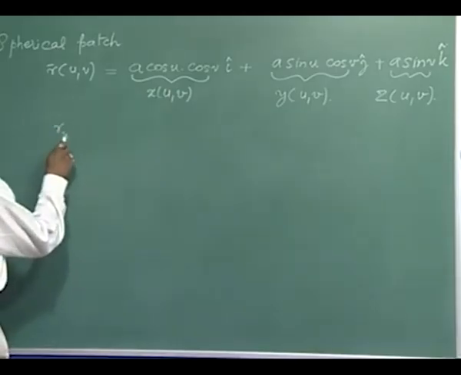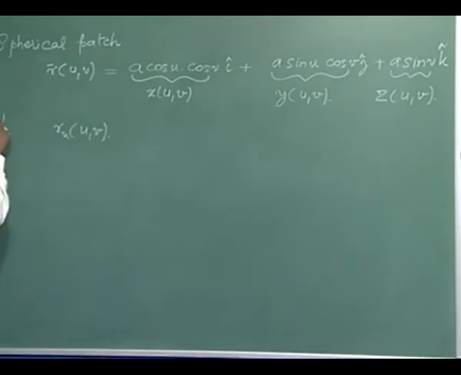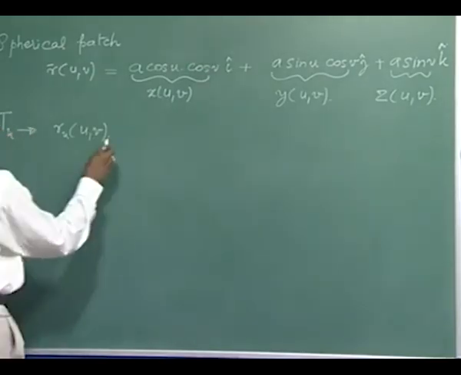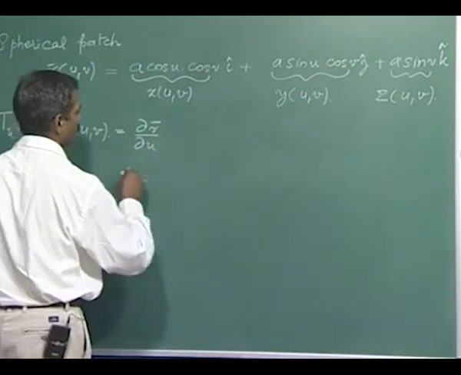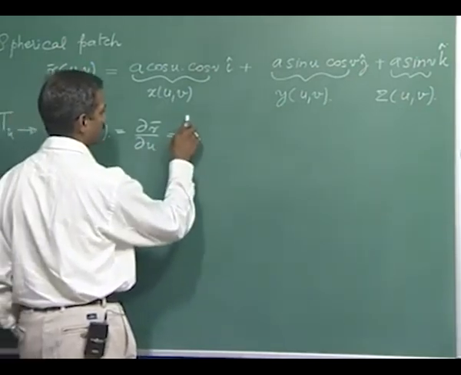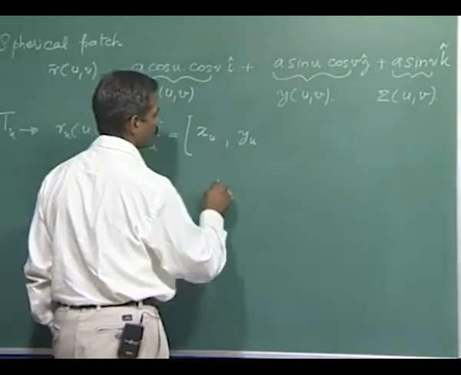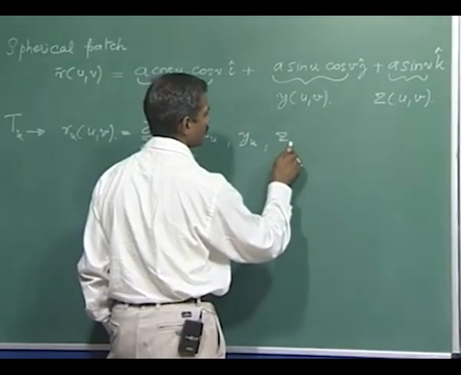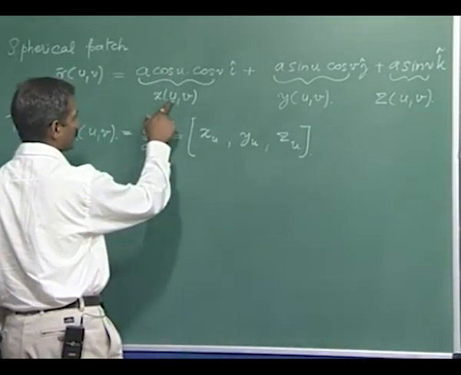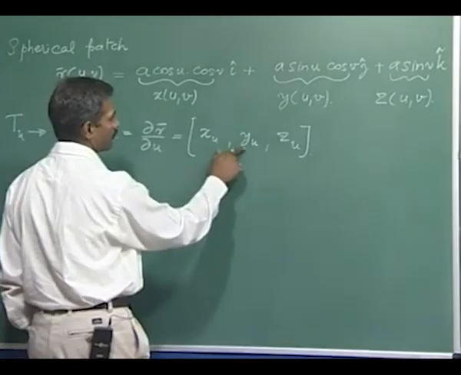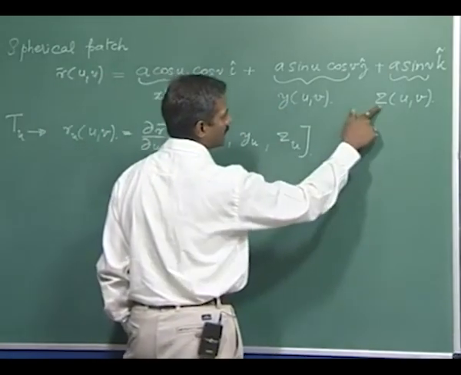So R_u of (u,v), the tangent along the u direction, is partial r over partial u. In ordered form, this is given by x sub u, y sub u, and z sub u. Partial derivative of x with respect to u, partial derivative of y with respect to u, and partial derivative of z with respect to u.